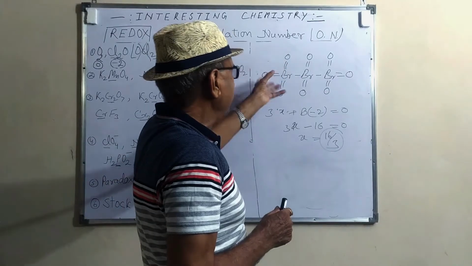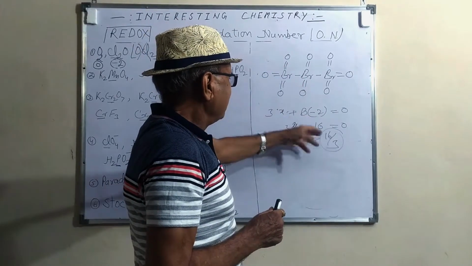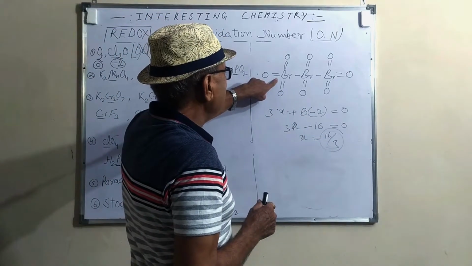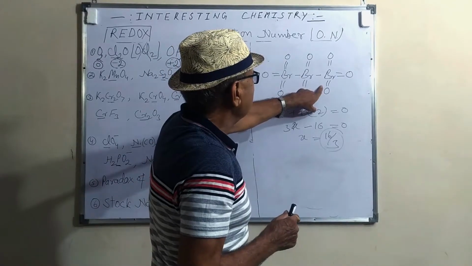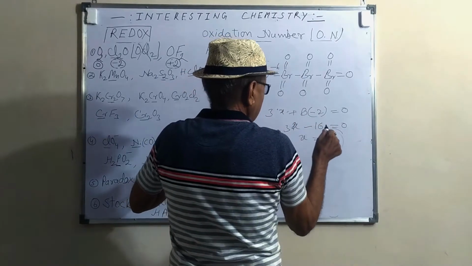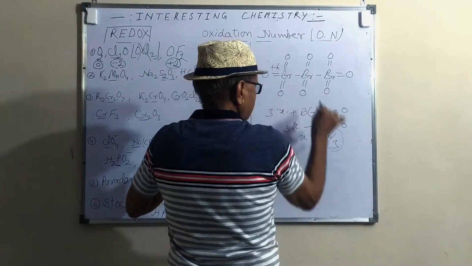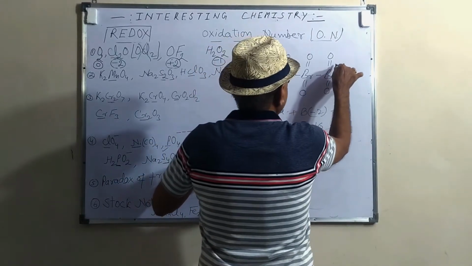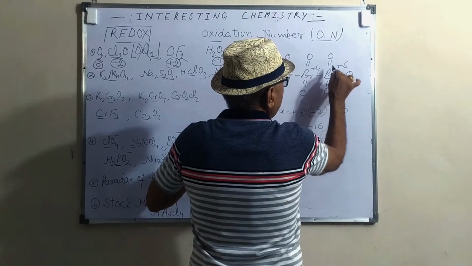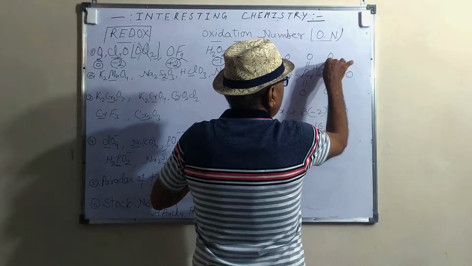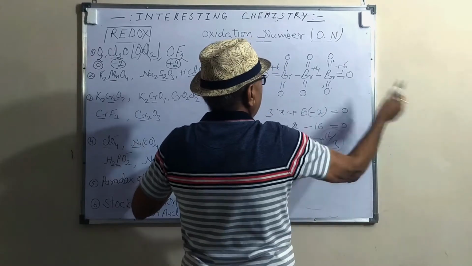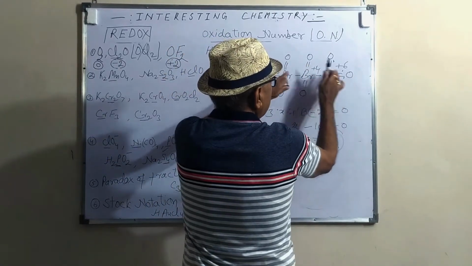So the average of the oxidation number is 16 by 3. You can write this bromine has +6, this bromine has +6, and this is +4, because 6 electrons are transferred to the other. So +6, +6 and +4.